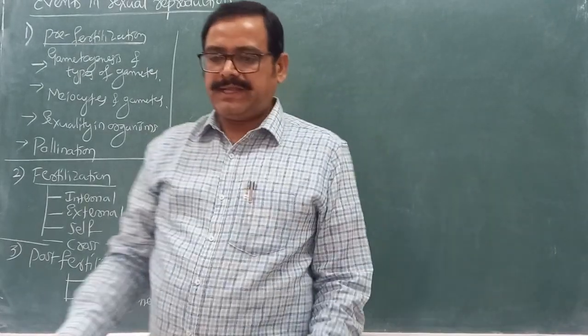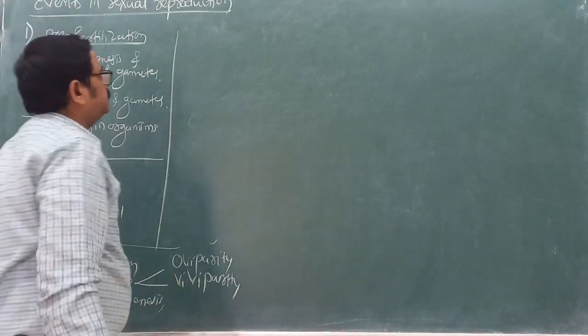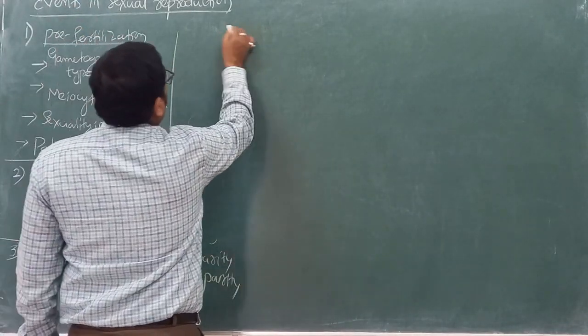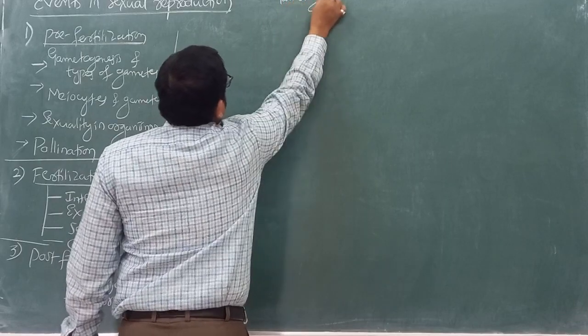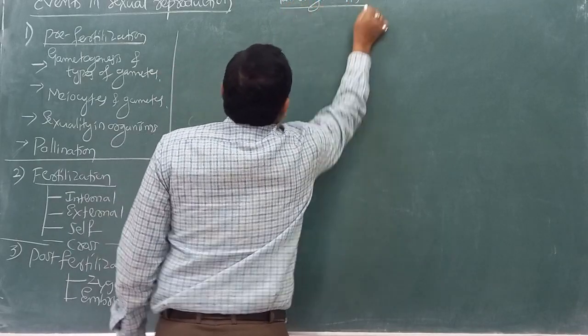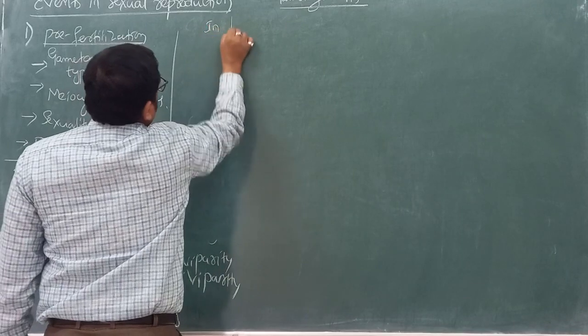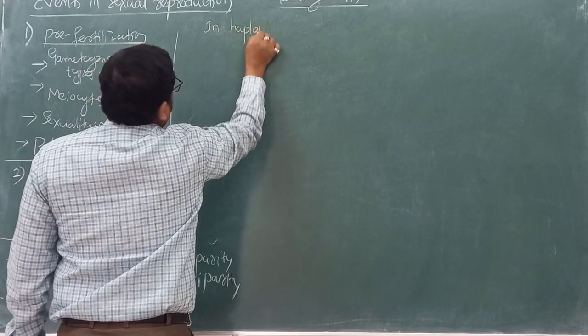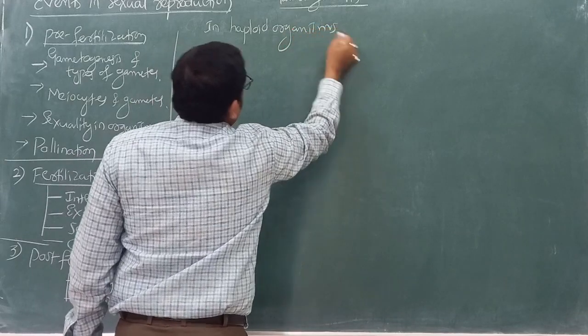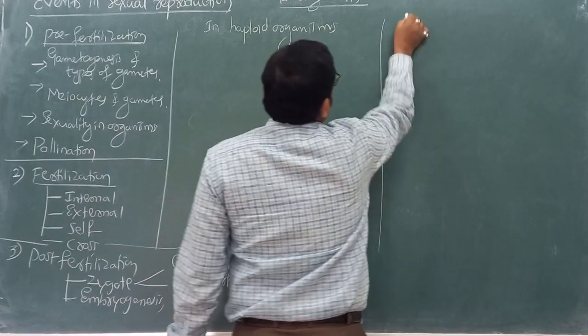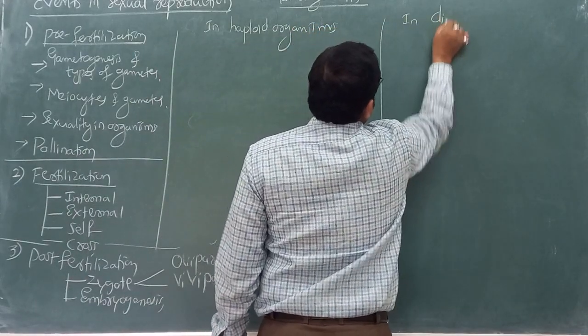Because of maintaining the genetic equilibrium. Gametogenesis occurs in haploid organisms as well as in diploid organisms.